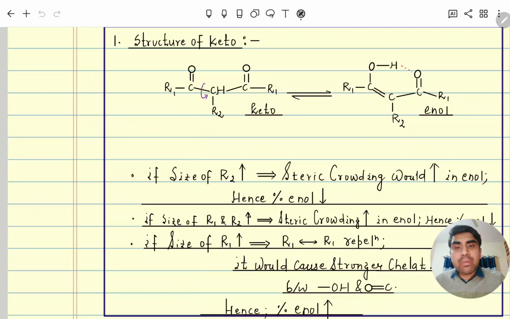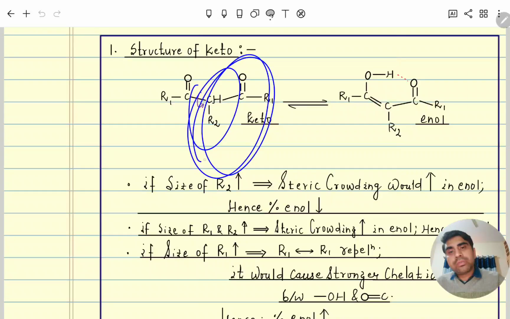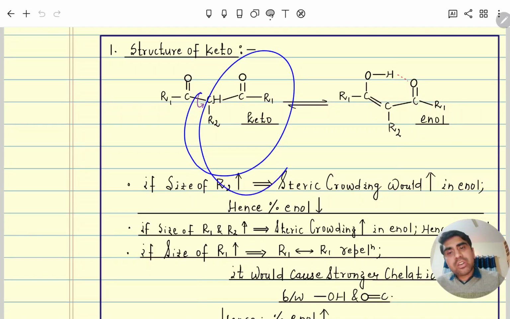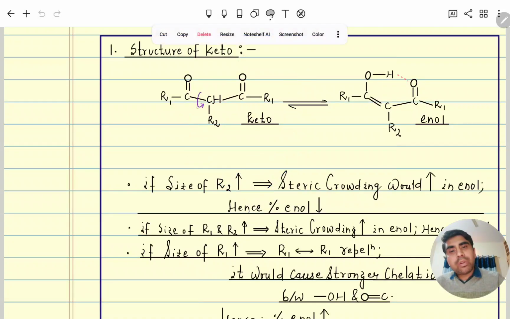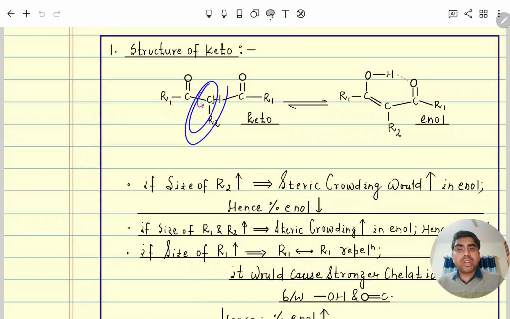First, if R1 size is big, what will happen due to that? This portion will come down and it will start rotating. Yes or no? If this size is big, it will start oscillating around this single bond, so chelation will not be effective. If it starts rotating, enol formation will not be effective and chelation also will not be effective.